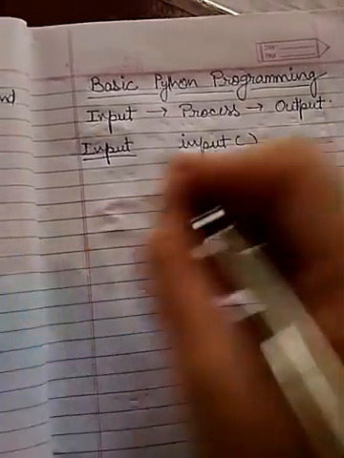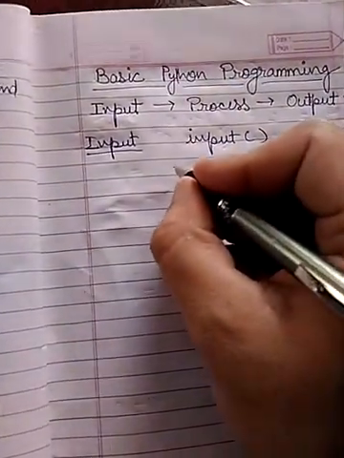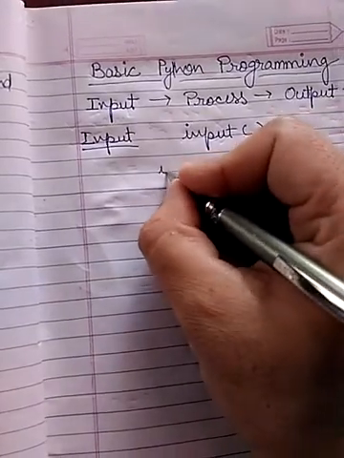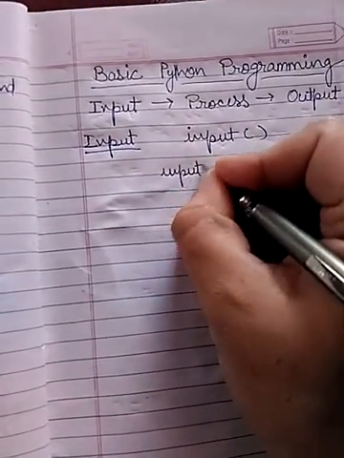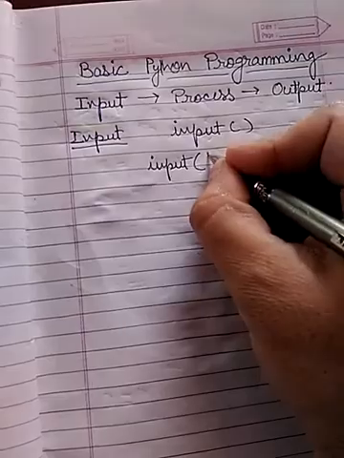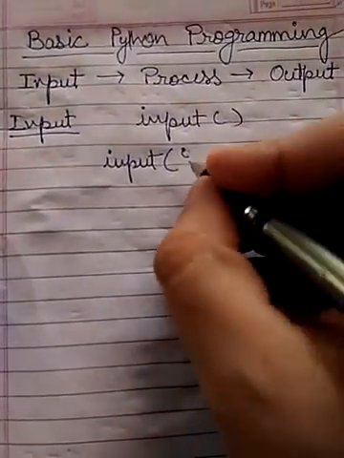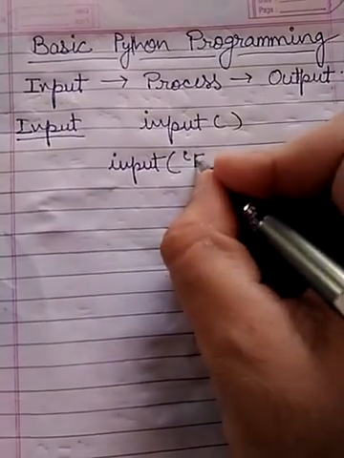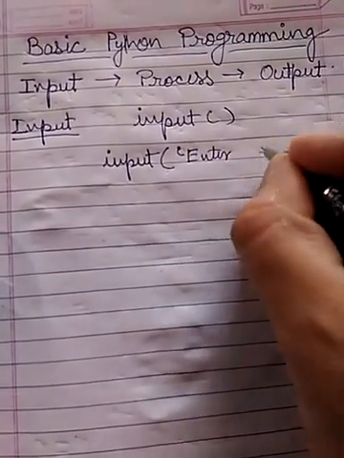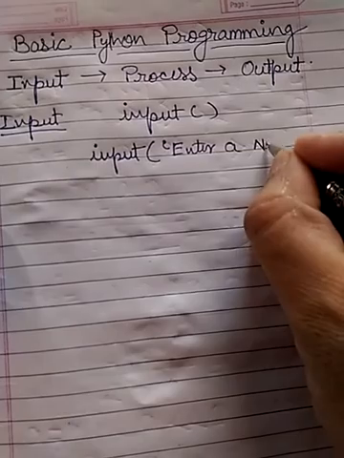Suppose I am reading a number, then I have to write the command in this way: input, and in quotes whatever message you want to display on the prompt. Suppose I am writing a message for the user: enter a number.